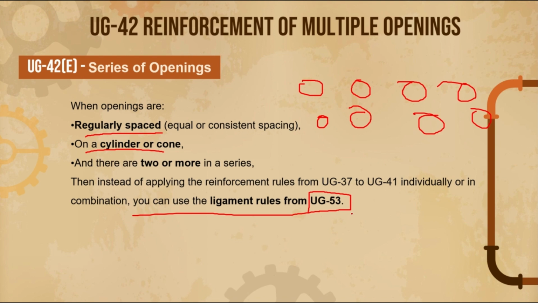So UG-53 deals with the minimum ligament width, guys, and the material left between adjacent openings. And UG-53 ensures that the shell and head retain enough strength without requiring additional reinforcement, guys. So don't worry, this UG-53 we will discuss in upcoming lectures.